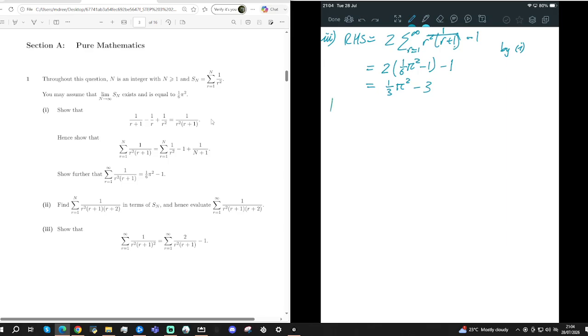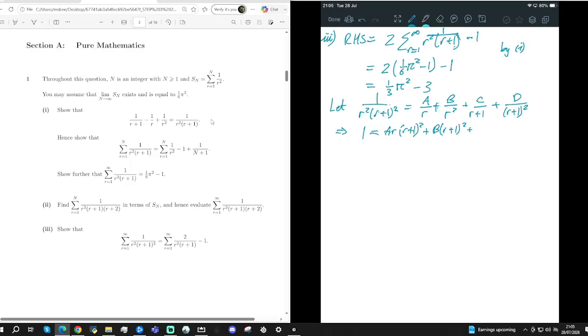So let this 1 over stuff. Now this is quite an awkward partial fraction. So we need both the a over r and the b over r squared, the c over r plus 1 and the d over r plus 1 squared, which may mean things either become much simpler or much worse because of this weird structure.